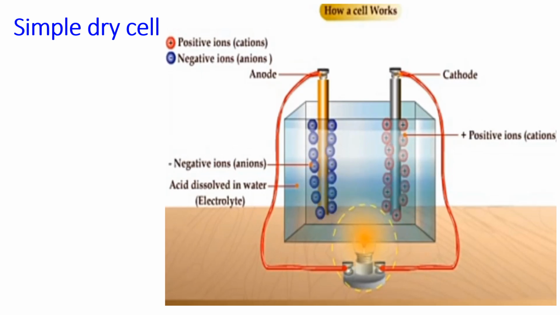When a bulb is connected, we actually see light on the bulb, meaning electrons will start to flow from negative to positive at the same rate current flows from positive to negative.